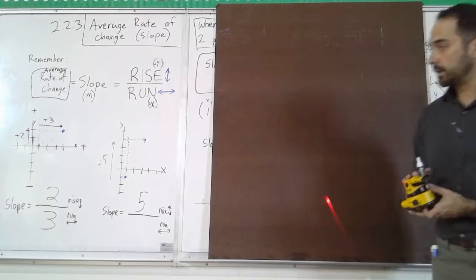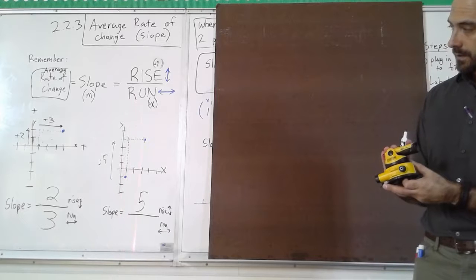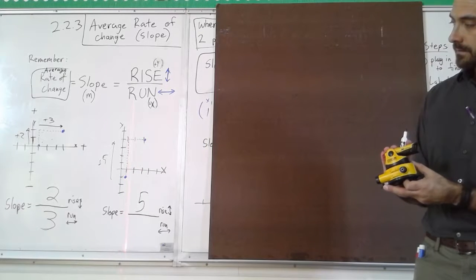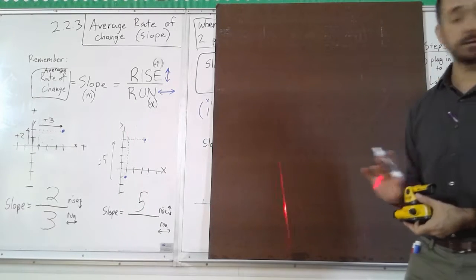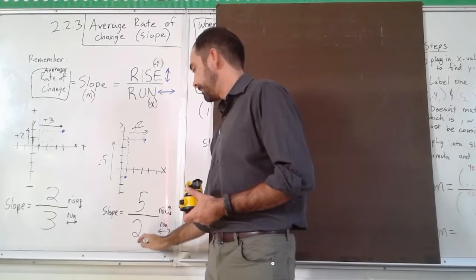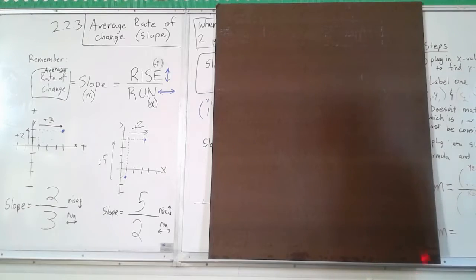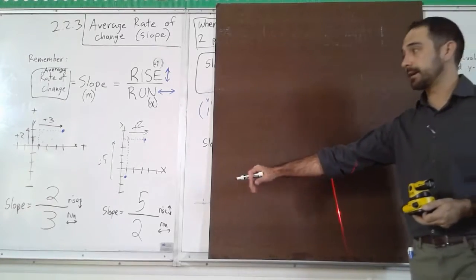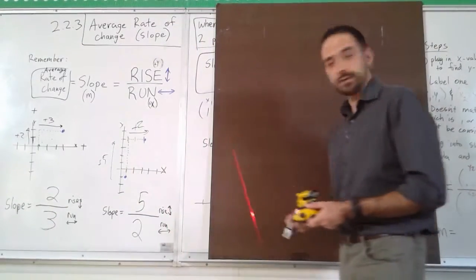And then looking again here, we have going from this point to this point. What is my run from side to side? 1, 2. Just 2. Positive 2 in this direction. Positive. Can I reduce that fraction? You could make it into a mixed fraction, but let's keep it like that, nice and improper. And those are our two slopes.